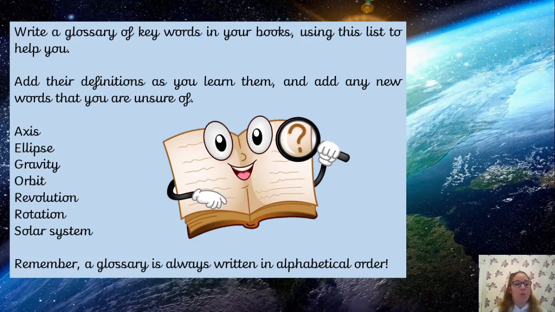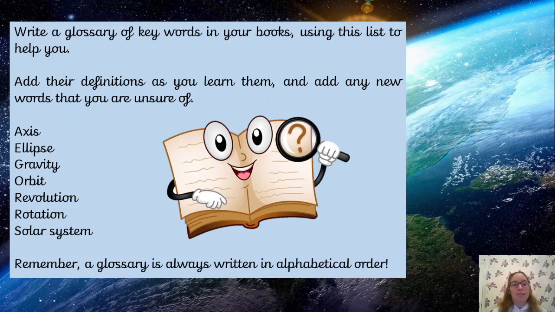So I would probably leave a couple of lines between each one in your books because some of them are going to need a bigger definition than others. And of course, there might be other words that you don't know or other words that you want to write the definition down for that I may have missed. Okay, so feel free to add your own to help you.